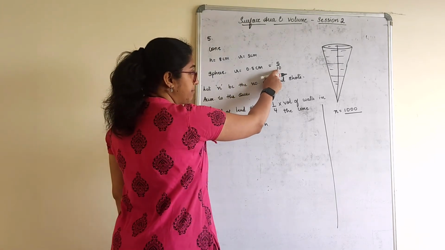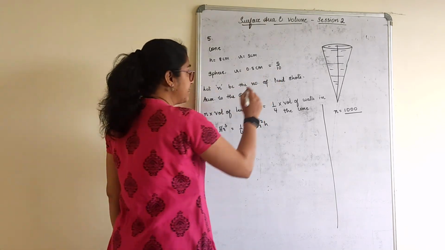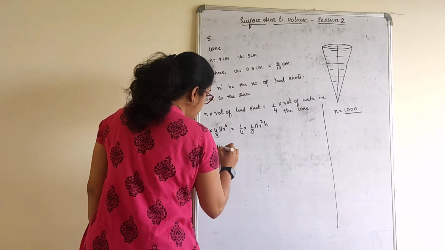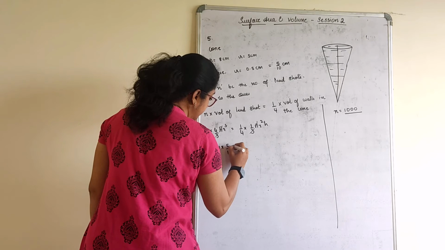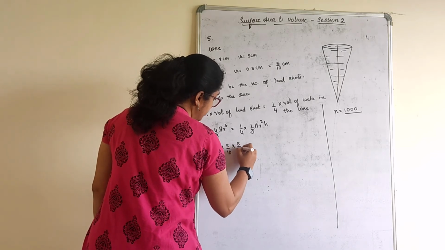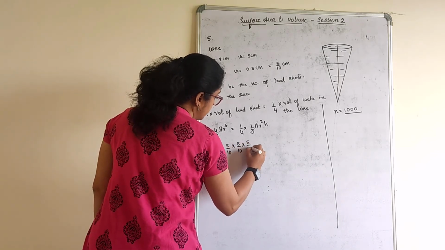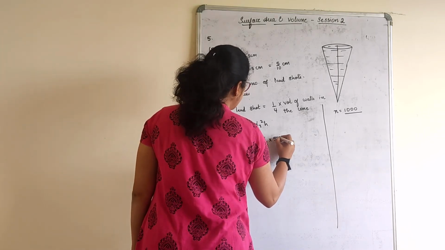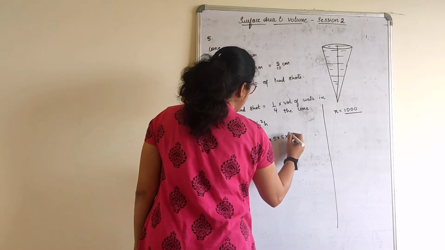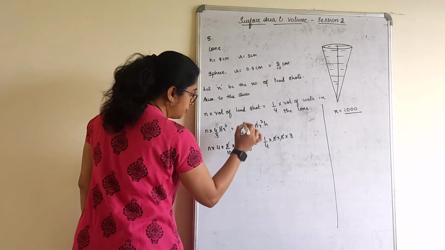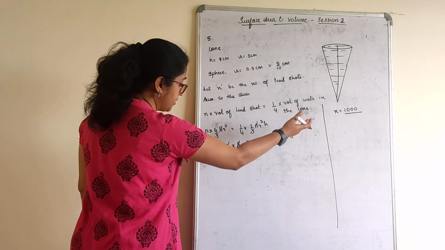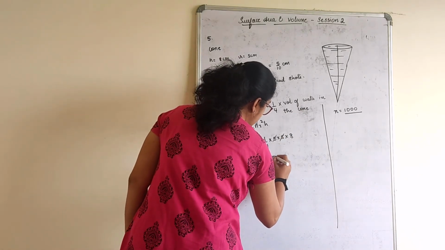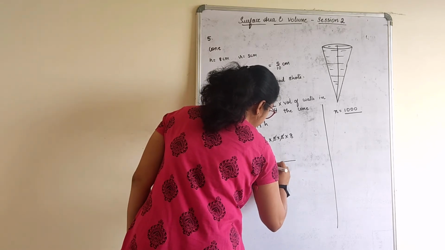So n into 4 into 5/10 into 5/10 is equal to 1/4 into 5 into 5 into 8. The 5 here and 5 here will get cancelled, right? Shift everything to this side. n is equal to 1 into 8 in the numerator, denominator we have 4.